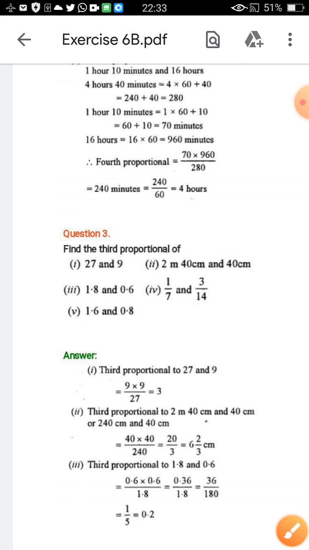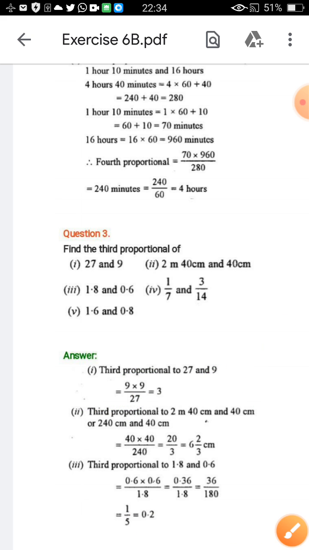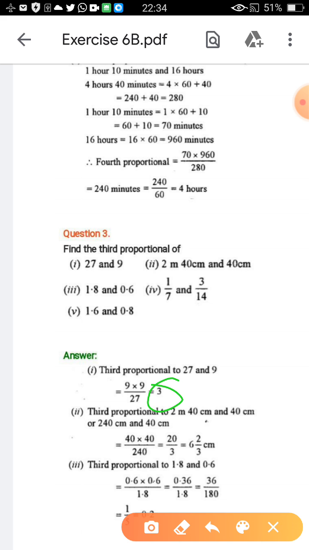So I have taken here the square of the second number, which will be 9 into 9 divided by the first one. 9 into 9 will be 81. 81 upon 27, so the answer will be 3. So we got the answer 3 here.